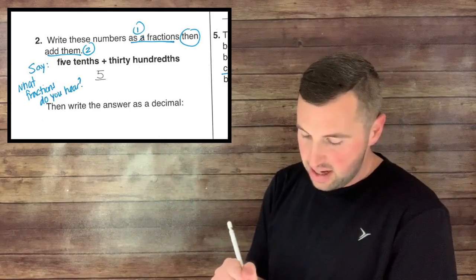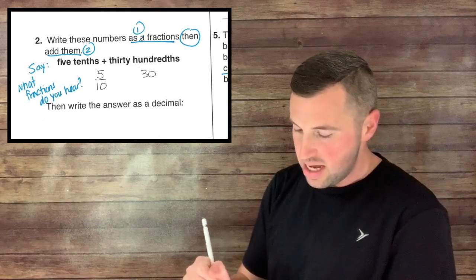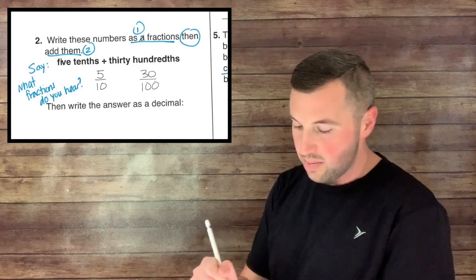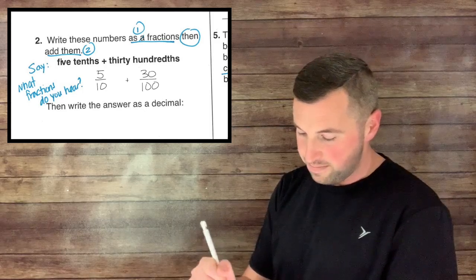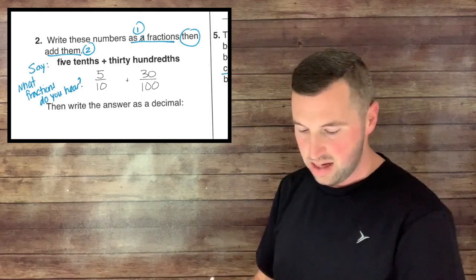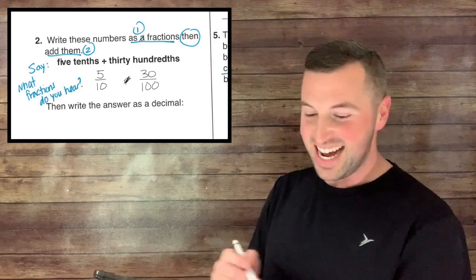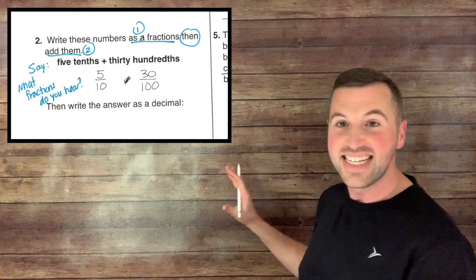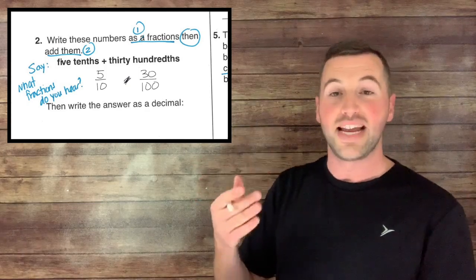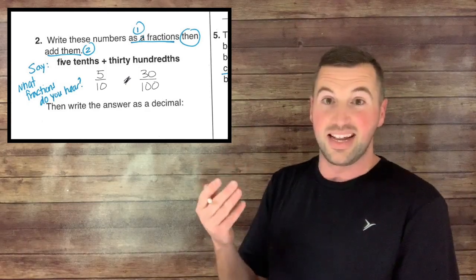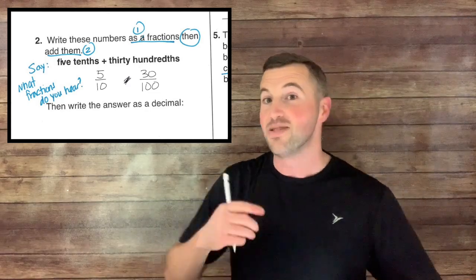So we have 5/10 and 30/100. And we're going to be adding those together. Now, here's the thing. Oh, we're not adding those together. We're just writing them, lucky you. All right, now we need to write these as a decimal. So when you're writing them as a decimal, just think about it. Let's take it to the right of the decimal point.